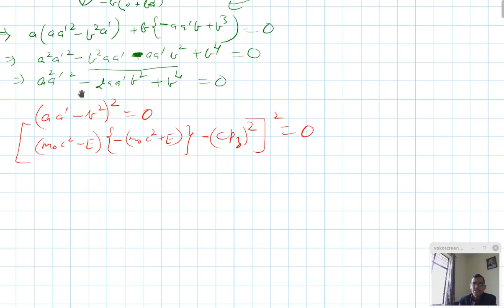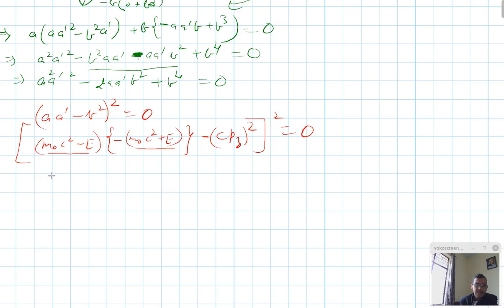So now you understand why I have chosen these A and A prime and B. This is just for the sake of simplicity. So if I take this minus common, then it is A minus B and A plus B.